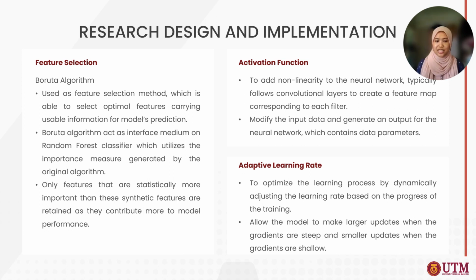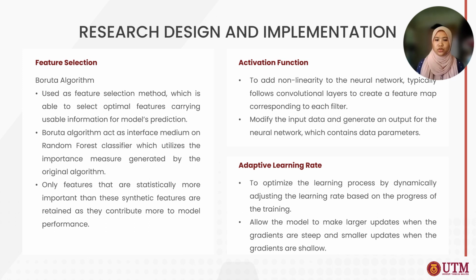Only features that are statistically more important than these synthetic features are retained as they contribute more to model performance. For the activation function, it is to add nonlinearity to the neural network, typically following convolutional layers to create a feature map corresponding to each filter.